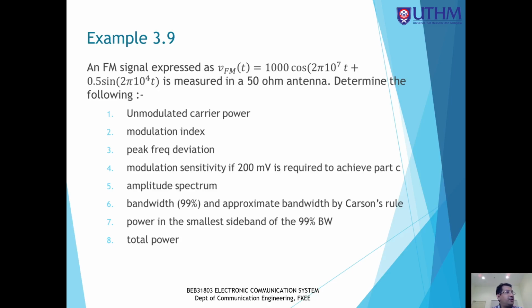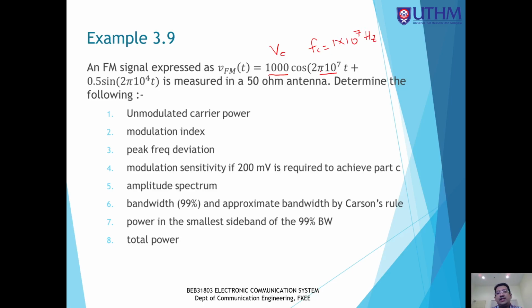So from the questions we know that this is referring to the carrier amplitude VC 1000 volt. This is 2 pi times 10 power of 7, that means this is FC. So FC is actually equal to 1 times 10 power of 7 hertz.